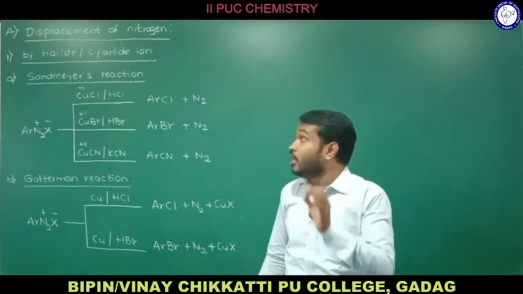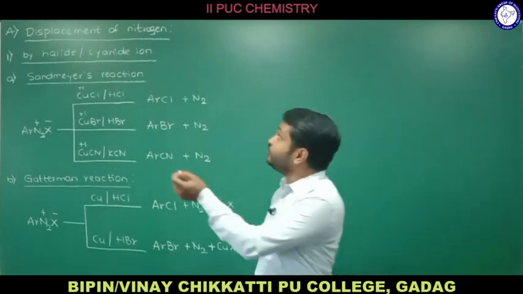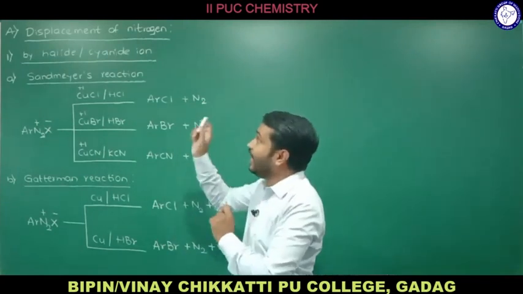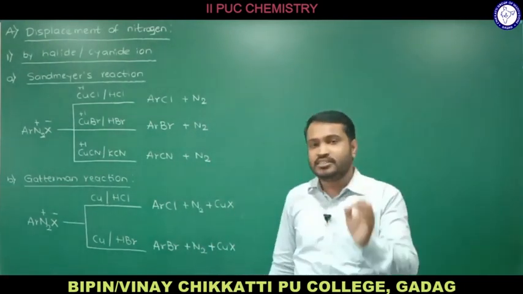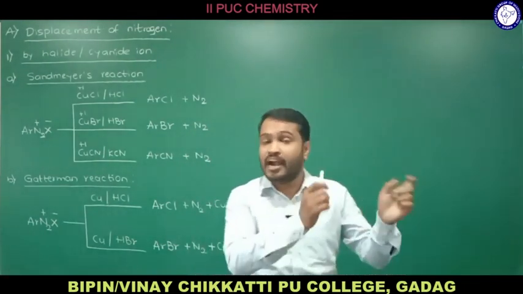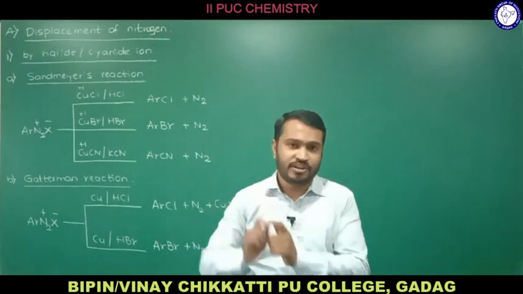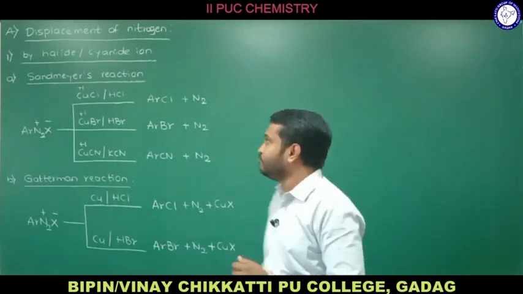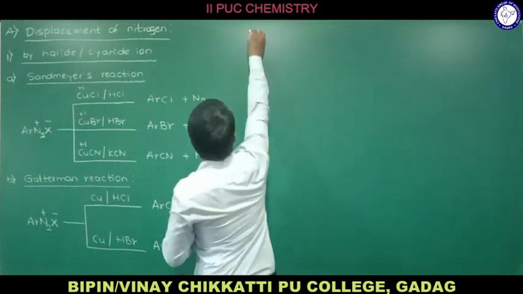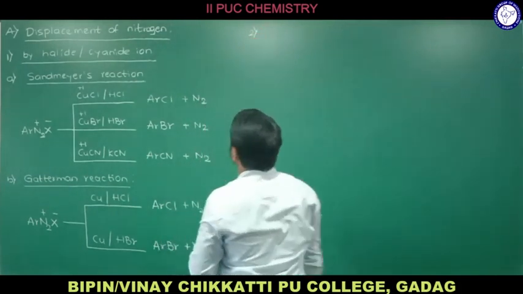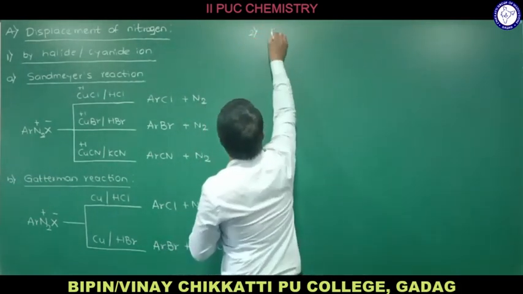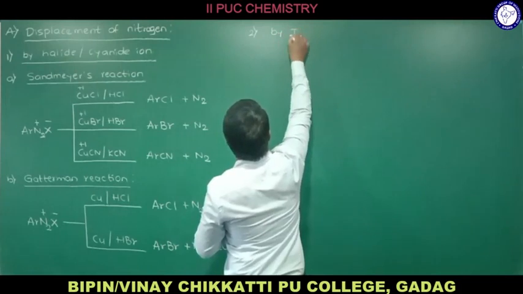So that is about how displacement of nitrogen takes place by halide or cyanide ions, considering two well-known reactions, the Sandmeyer reaction and the Gattermann reaction. The second one I am going to move to now: displacement of nitrogen by the iodide ion, that is I minus.